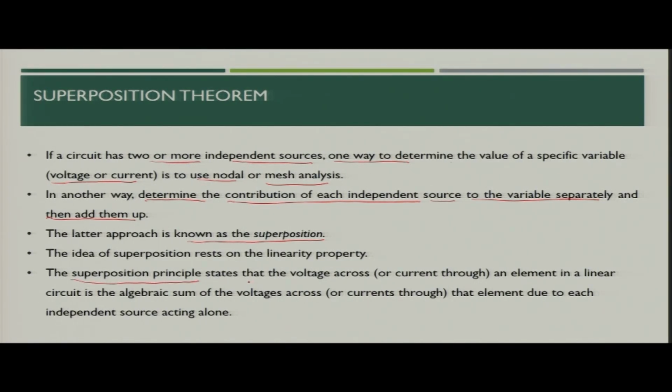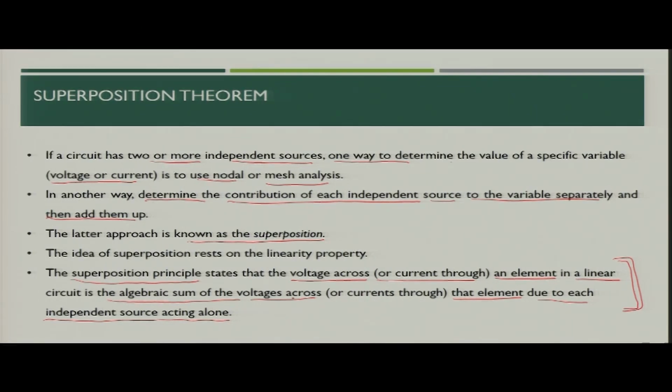In the superposition theorem, the voltage across an element is the algebraic sum of voltages across that element due to each independent source acting alone. So, this gives you the complete property of the superposition theorem, where if you have multiple voltage sources or multiple current sources in the network, you have to take one source at a time and find the voltage across or current through an element of your interest, meaning the given element property which you want to find out.